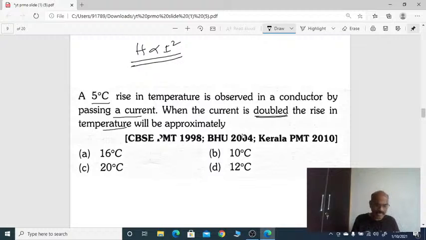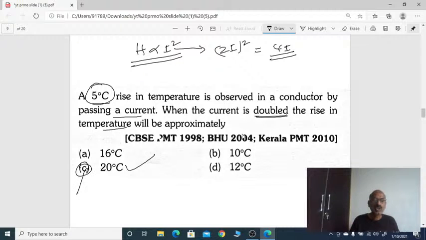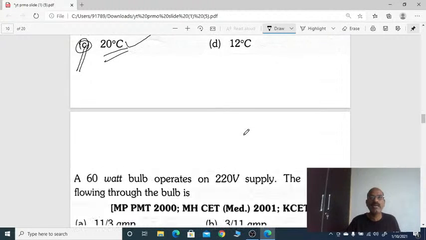So when you double the current, it will become 4 times. Initial temperature is 5 degrees. So 4 into 5, 20. Option C is the correct answer. The temperature becomes 4 times, 4 into 5, 20 degrees. Yes, absolutely correct. Let us go to the next question.